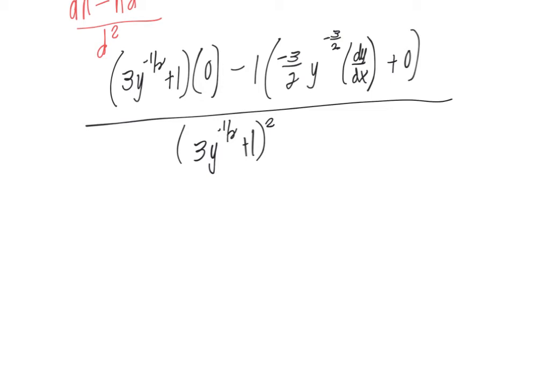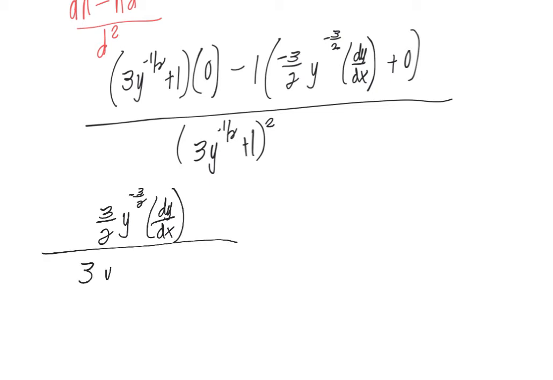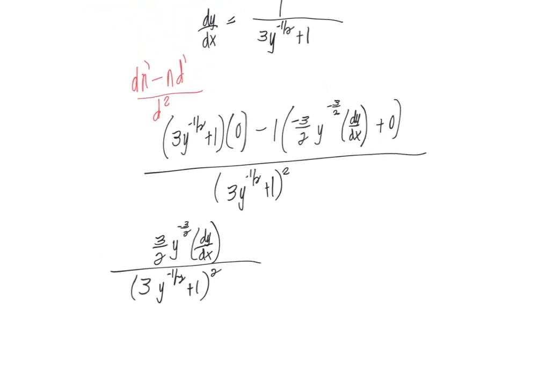This becomes positive 3 over 2 y to the negative 3 halves dy/dx all over 3y to the negative 1/2 plus 1 squared.